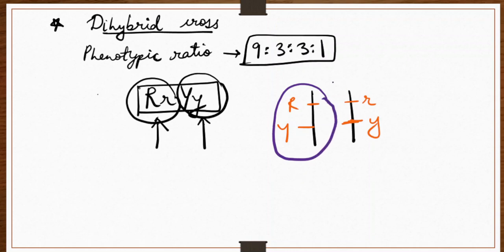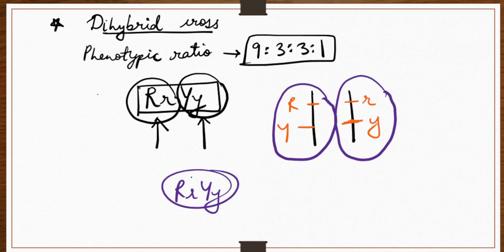So the chromosomes are separating in this way, you are getting this as one gamete, then we are also getting this as one gamete. We are not saying that capital R, capital Y, small y is one gamete. No, this is not a gamete. Gamete formation occurred this way. This is one gamete, that is capital R, capital Y.